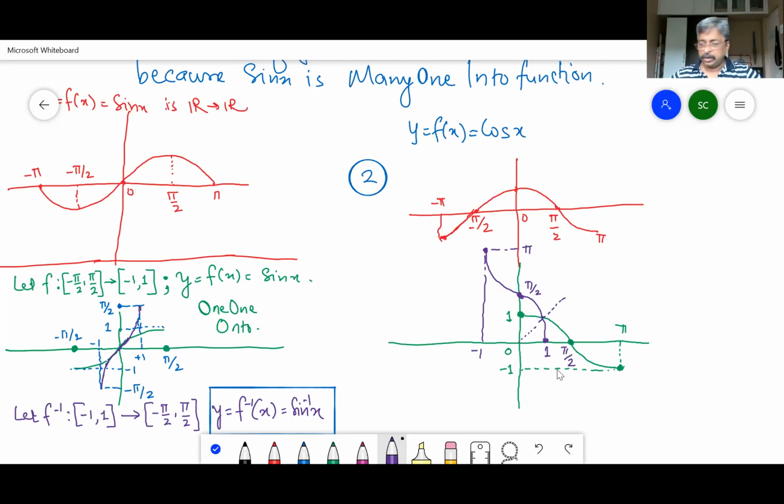So let me write down. f inverse is defined from, again, -1 to 1, with range 0 to π. y is equal to cos inverse of x.